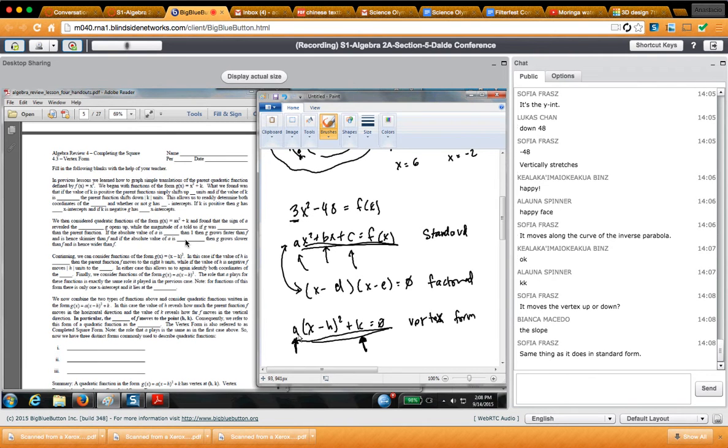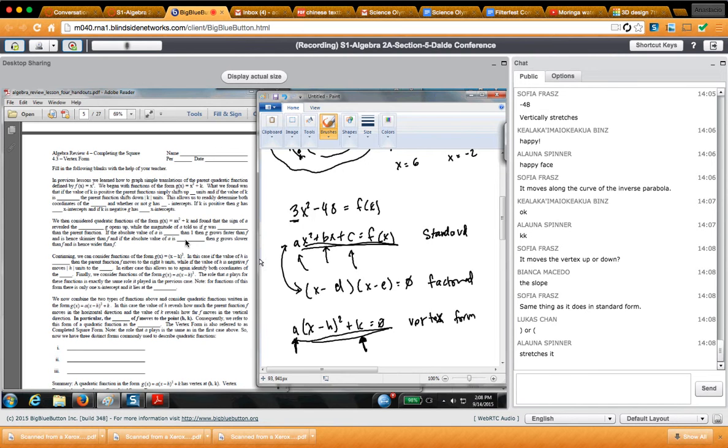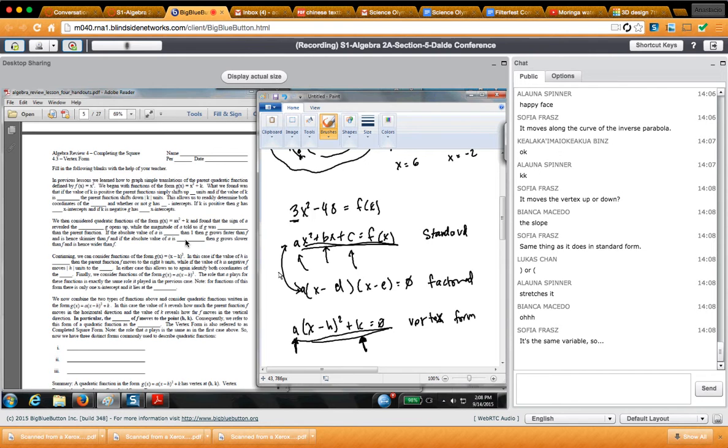Yes, exactly, Sophia. It does the exact same thing that it does in all the other cases. It vertically stretches it, vertically compresses it, or makes it a sad face or a happy face. It's the same exact variable. Because I wrote the same variable, you would have assumed that it does the same thing.